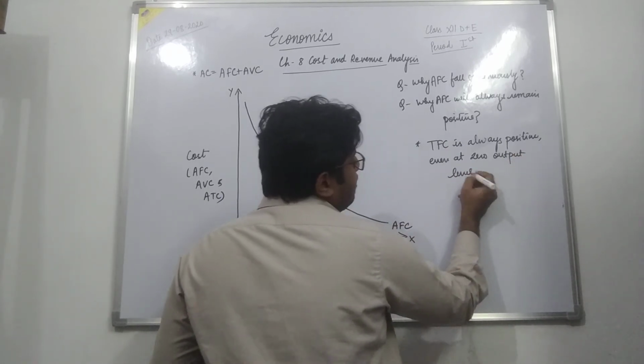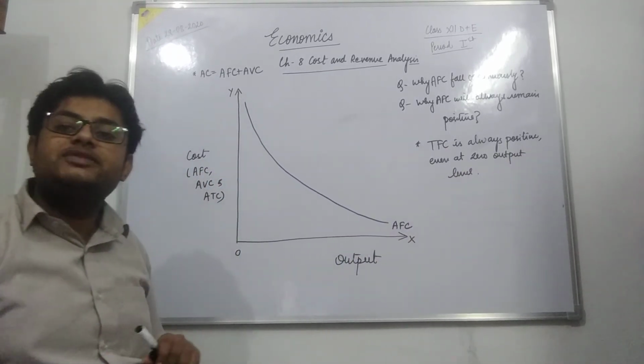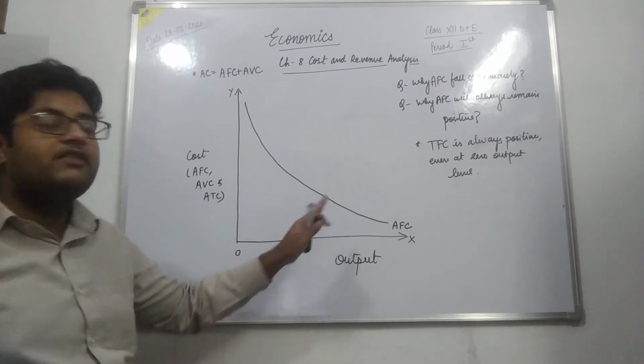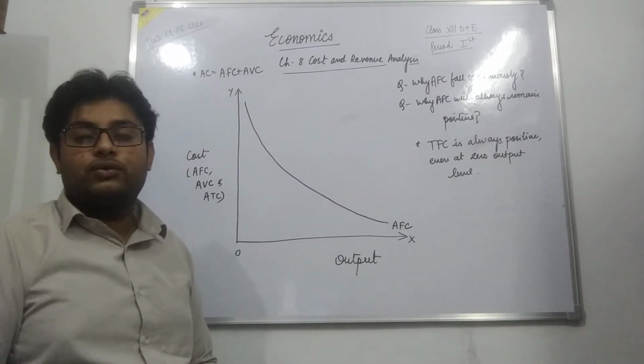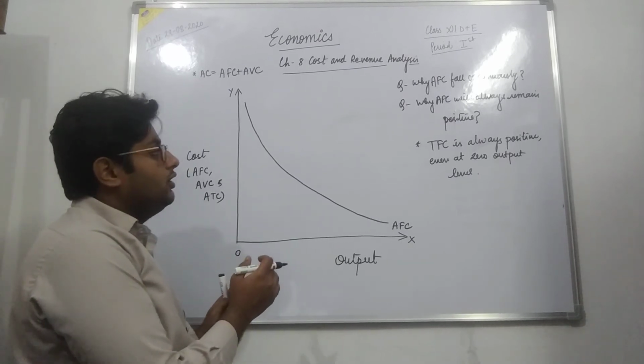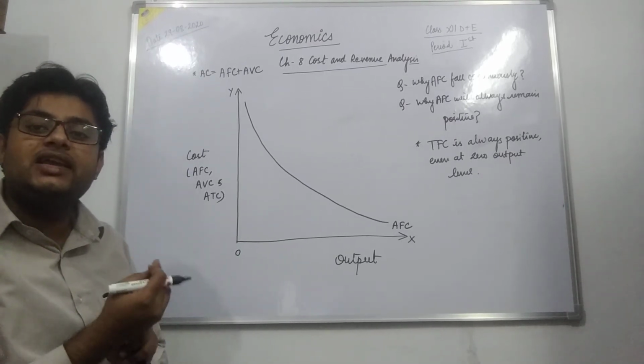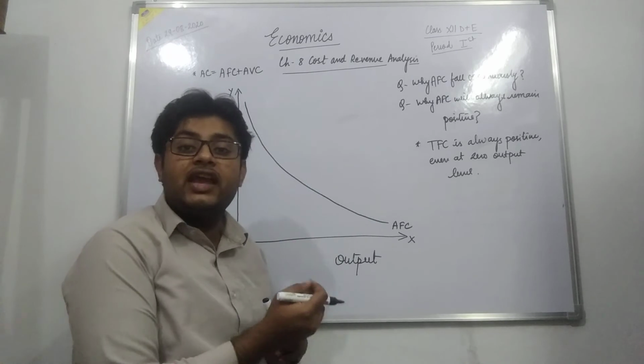So since our numerator will always be positive, the value of AFC can never be 0. So these were the two questions that are basically asked regarding the behavior of AFC.